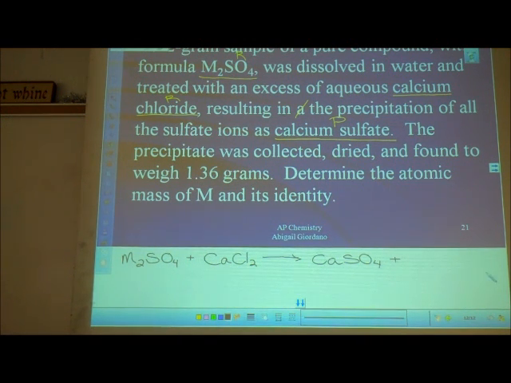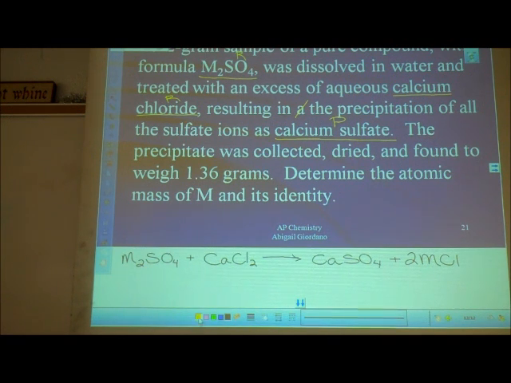MCl. Did you know that M had a +1 charge? Because you could have figured that out knowing the charge of sulfate is -2. Okay, let's balance it.